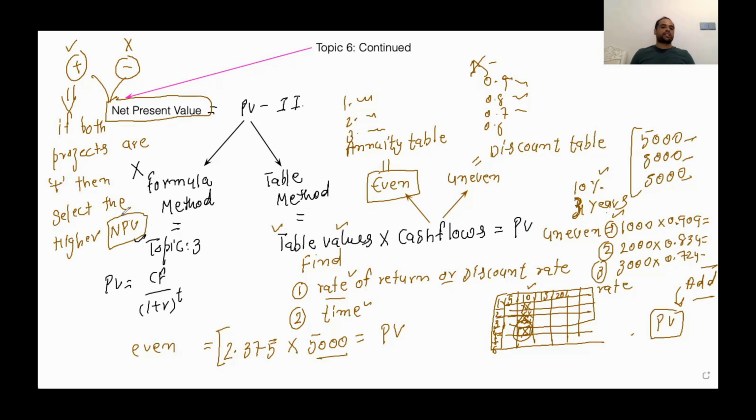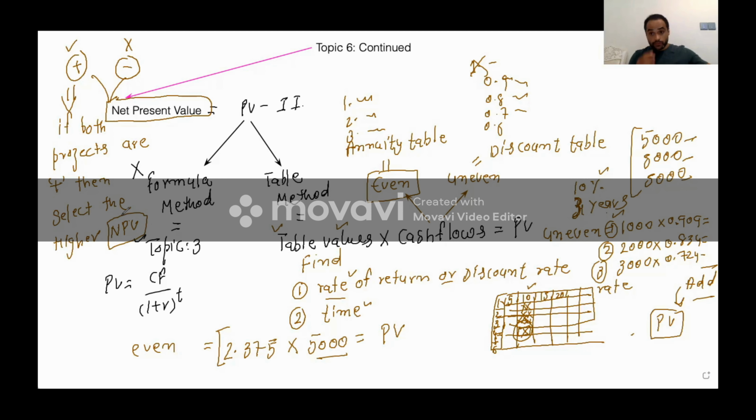So if both project has a positive NPV, then we will select the higher one, right?